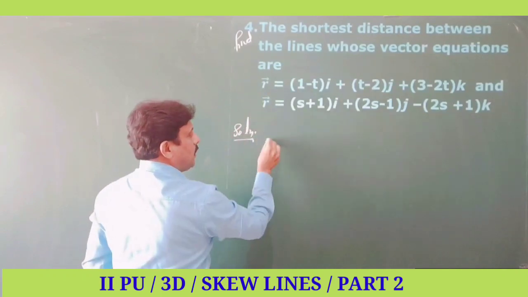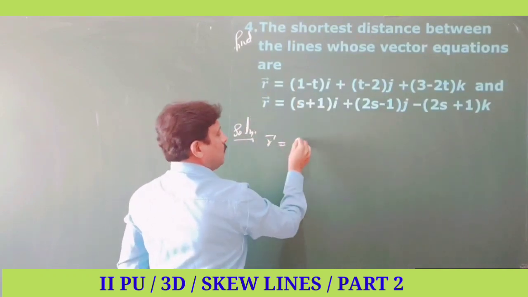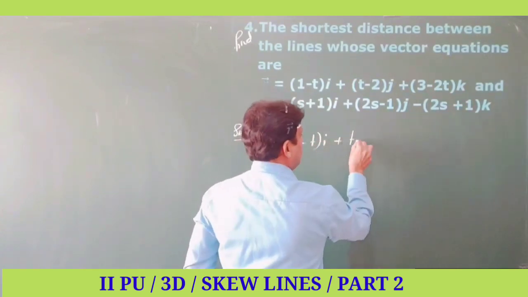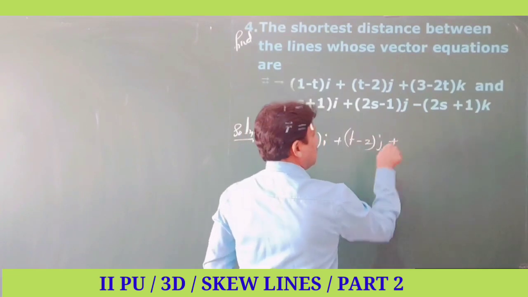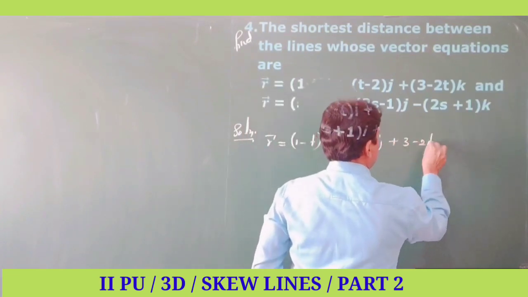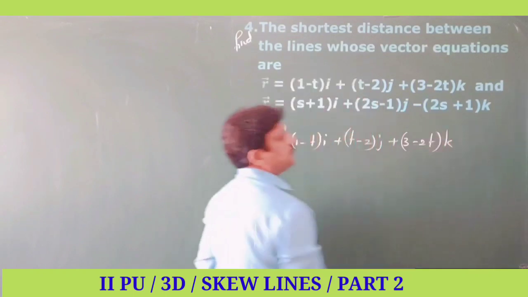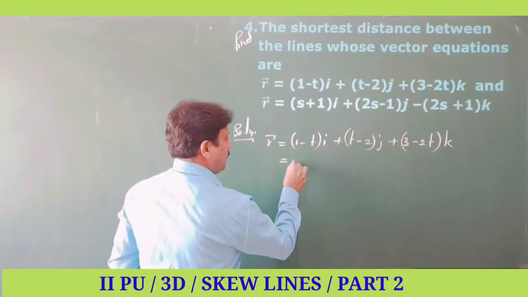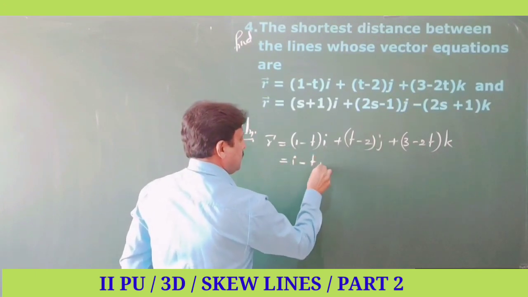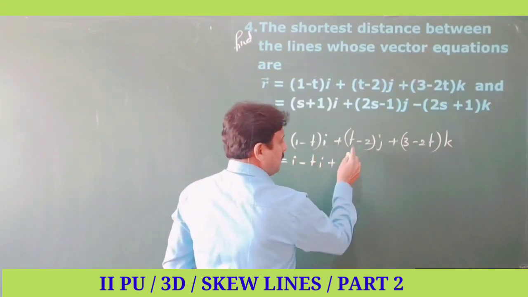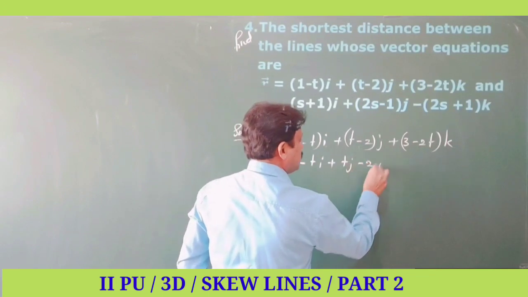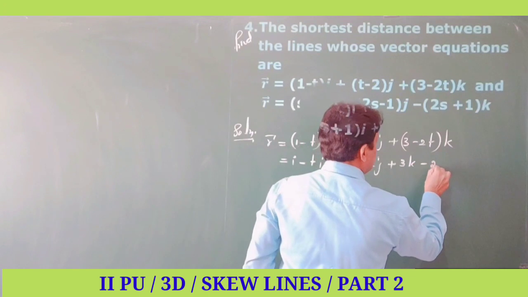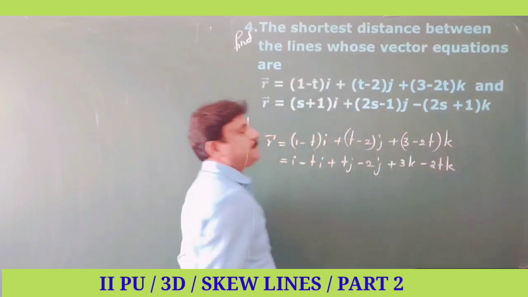r equals, the first line, (1 minus t) into i plus (t minus 2) into j plus (3 minus 2t) into k. Now multiply: 1 into i minus ti, j multiplied by t is tj, minus 2j, plus 3 into k, 3k minus 2tk.